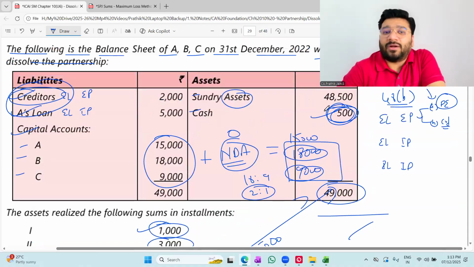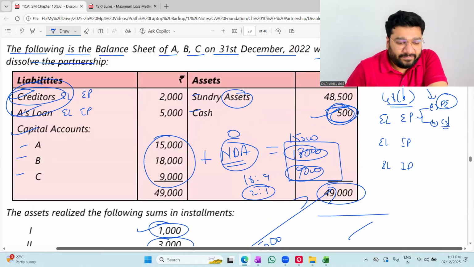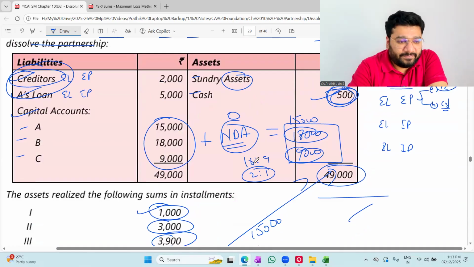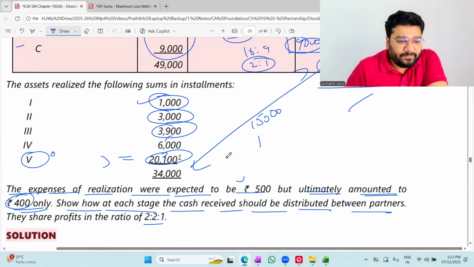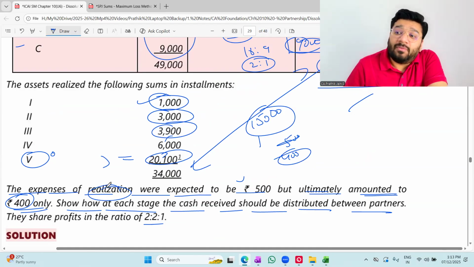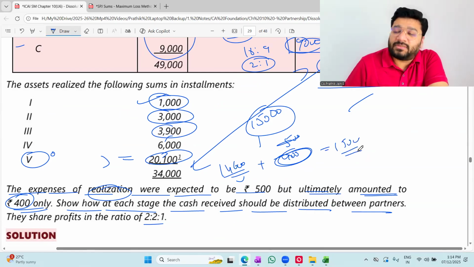So that's where the difference is not coming. This 15,000 loss already includes that 400, realization expenses. Apart from realization expenses, what is your loss? 14,600 plus 400 realization expenses. 15,000 is the total loss.